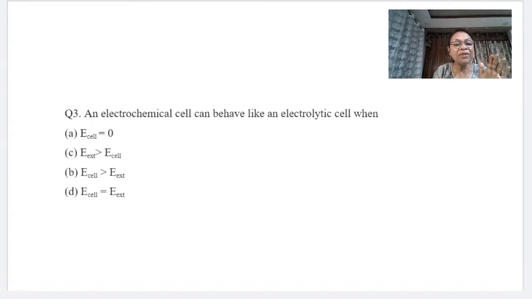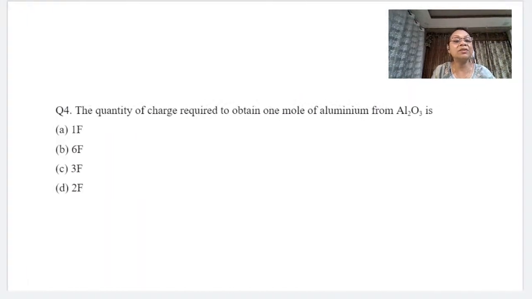The cell EMF, is it C or is it B? Any doubts? It could be either. You take a minute and then think about the option, and then we can go ahead with the answer. Yeah, the cell EMF is greater than the external EMF. That's the answer. Going on to the next one.